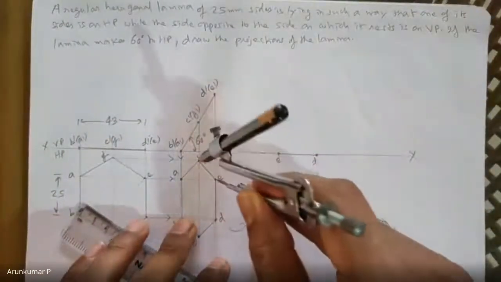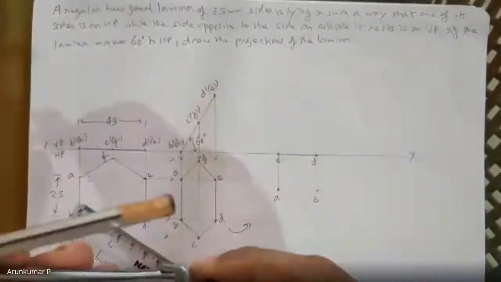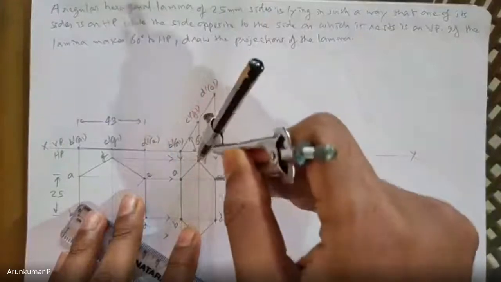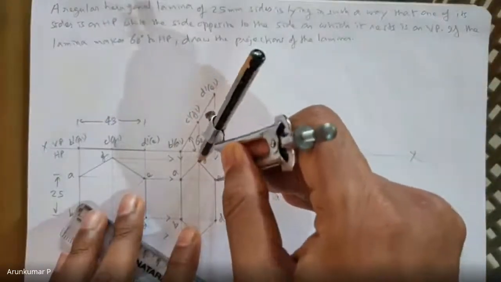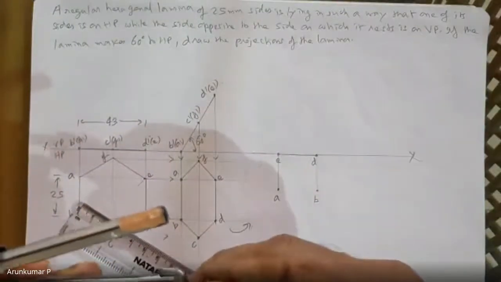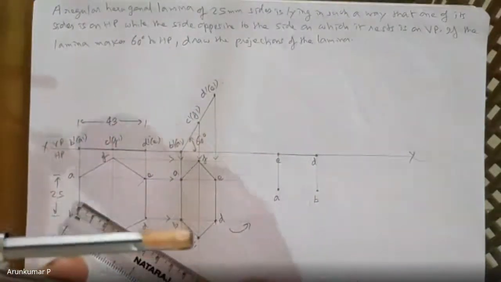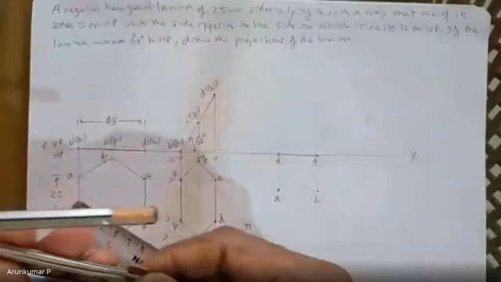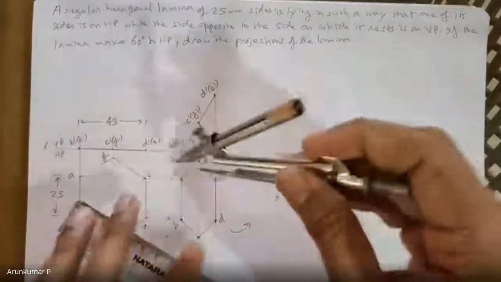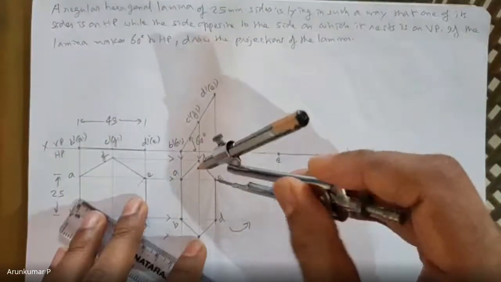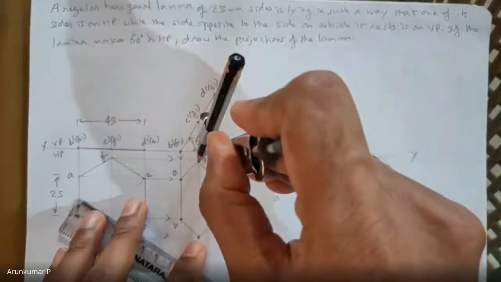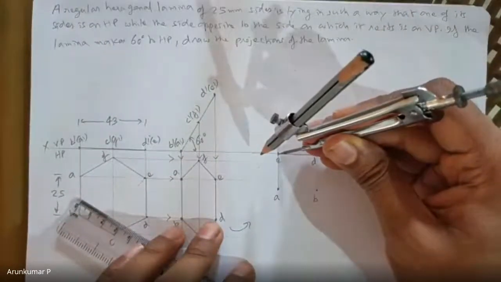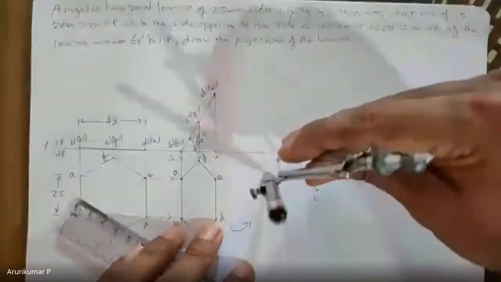So let us say E to D. So from E, I will draw an arc.